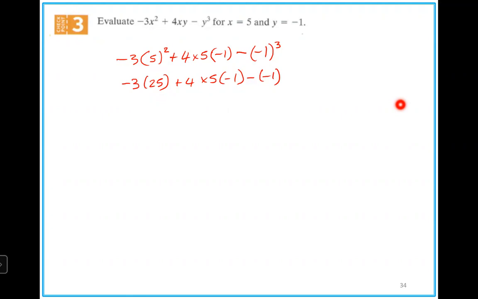So we're just going to do the multiplications. So we're going to have -3 times 25 gives you -75, plus 4 times 5, times -1.